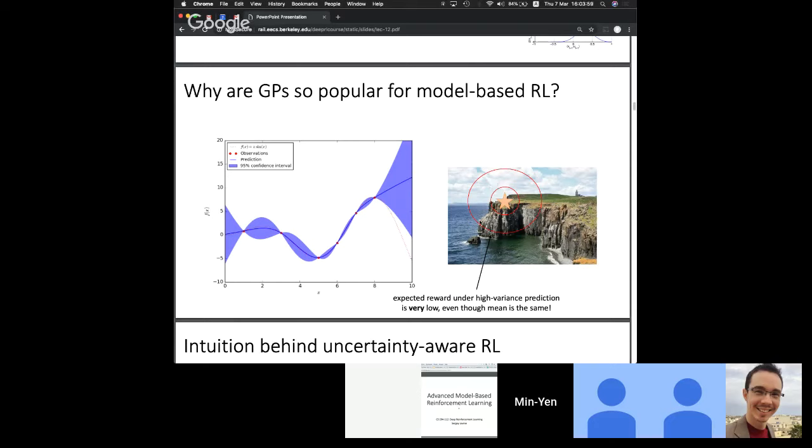So when the model tries to explore, you need to be aware of how uncertain your model is. If your bound is too optimistic, then you might end up on the cliff and never get back up. But if you are sure that your area of exploration is much smaller, in that case you are bound to find a good solution.